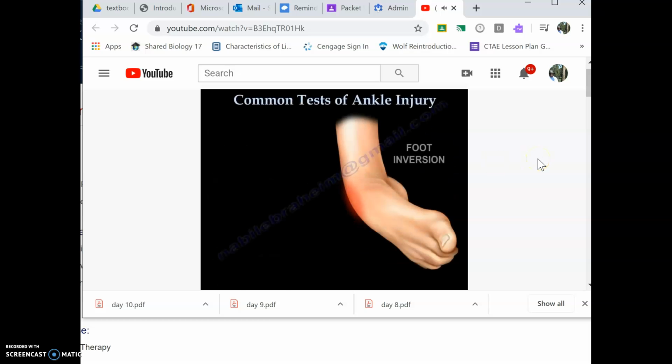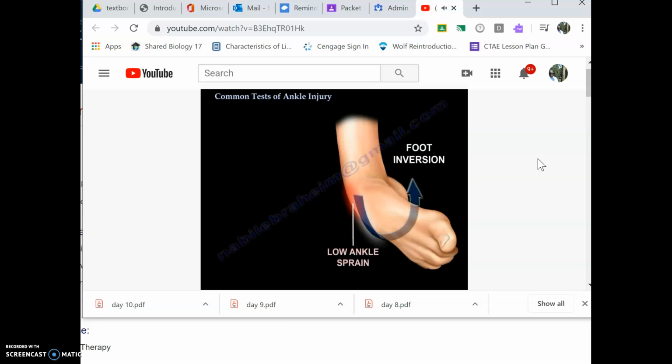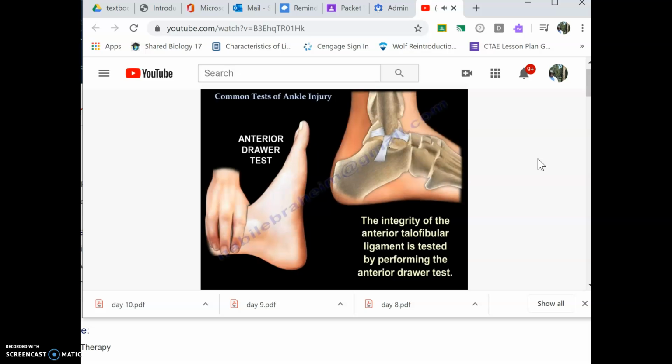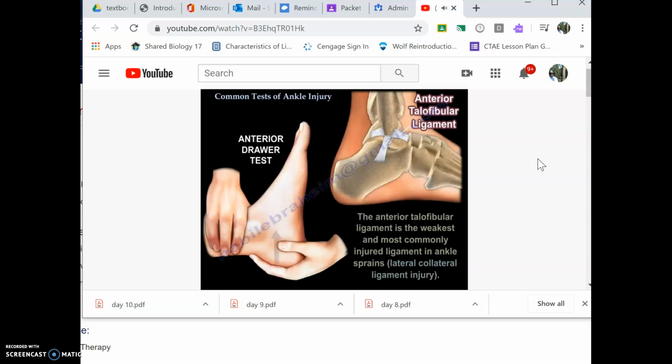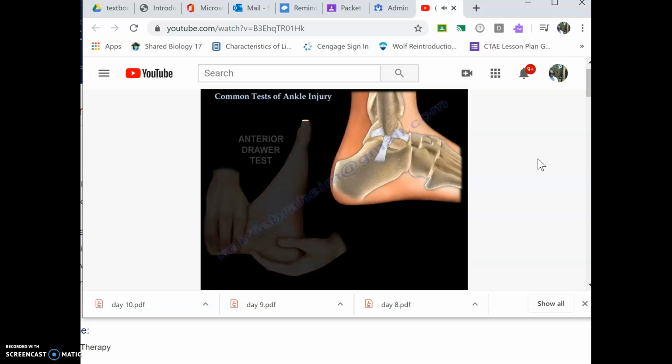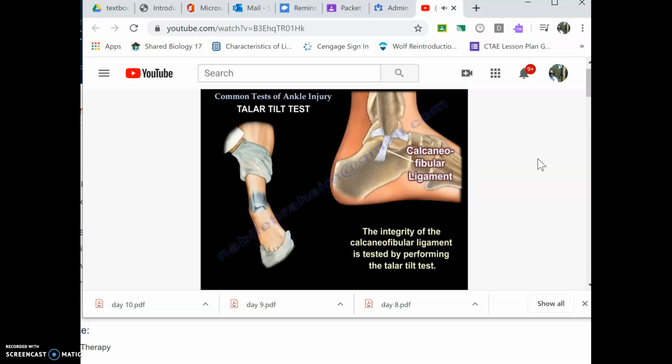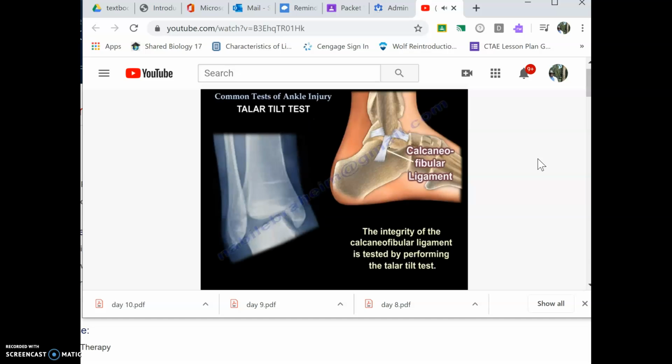Common tests of ankle injury. The anterior drawer test is used to test the anterior talofibular ligament. The anterior talofibular ligament is the weakest and the most commonly injured ligament in ankle sprain, which is called lateral collateral ligament injury. The talar tilt test is used to test the calcaneofibular ligament.